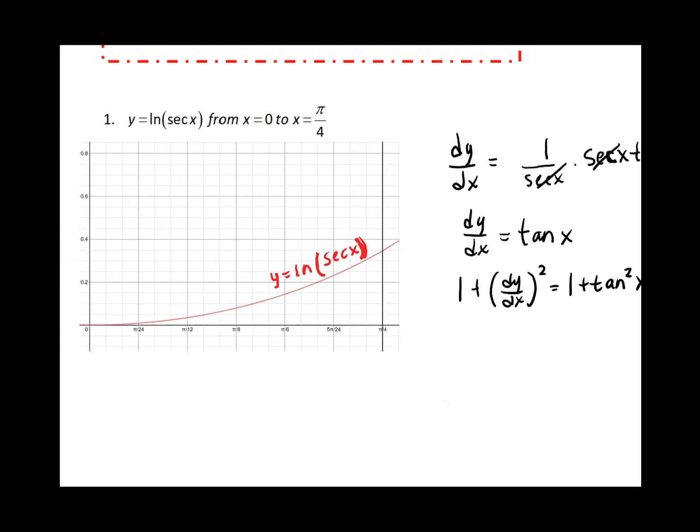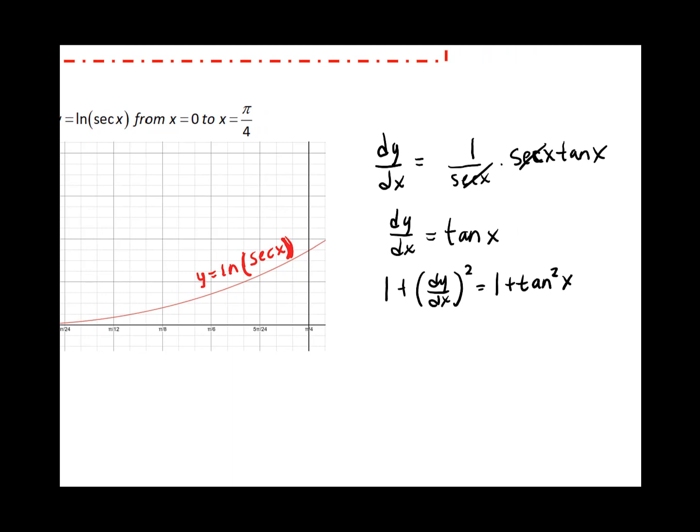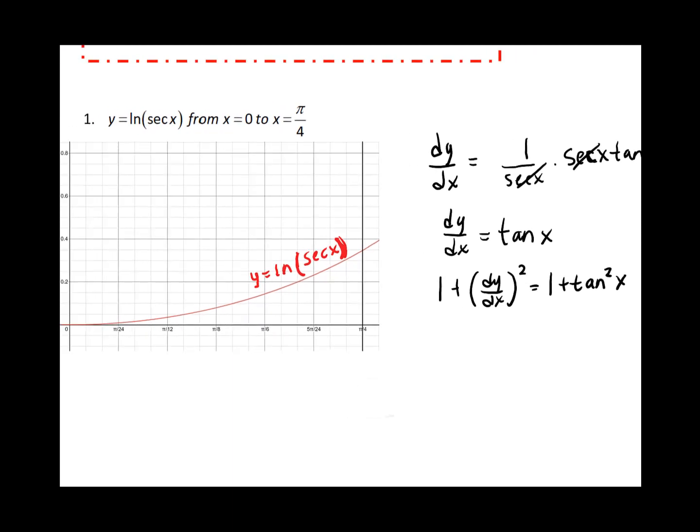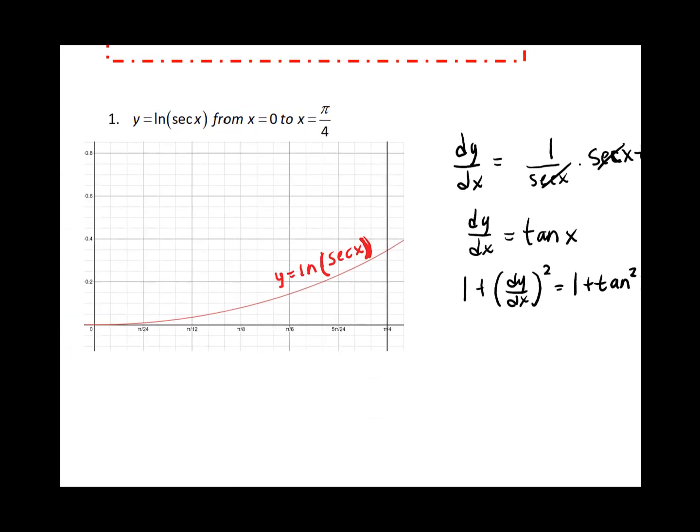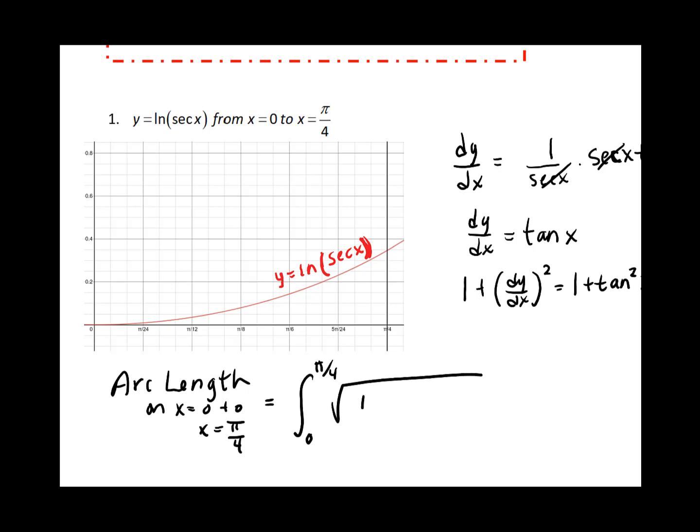So let's go ahead. Now we can take that and put that into the integral. So the arc length on x equals 0 to x equals pi over 4 is going to be equal to the integral from 0 to pi over 4 of the square root of 1 plus the tangent squared of x with respect to x.